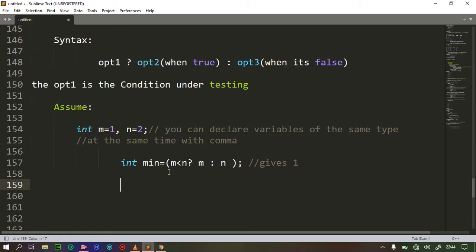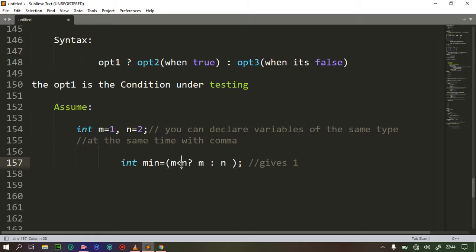Okay, so one thing that you need to note is that of the second and the third operands of the conditional operator, only one is evaluated. So you see, it is only one. It was m which was evaluated.